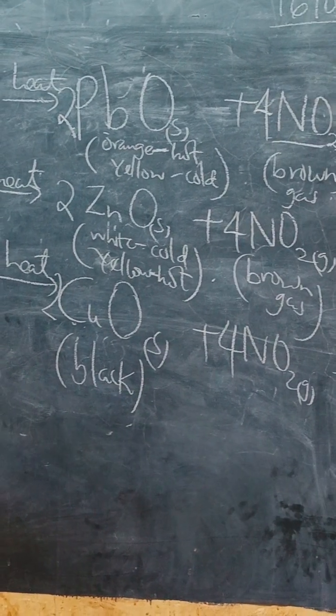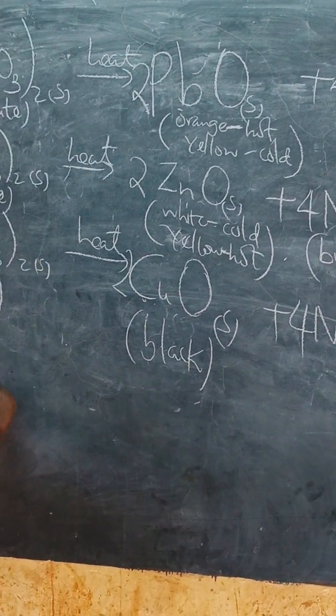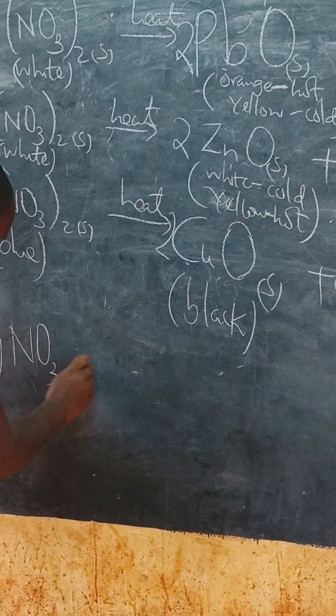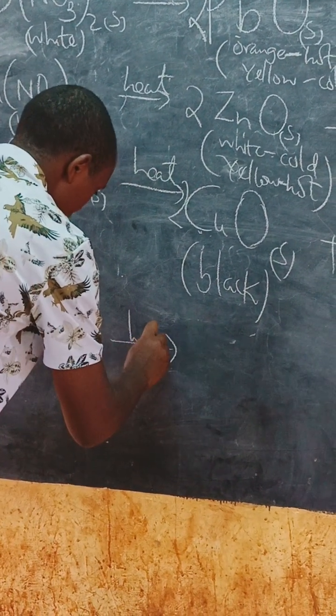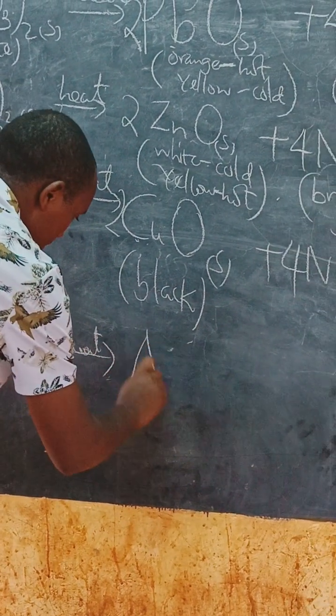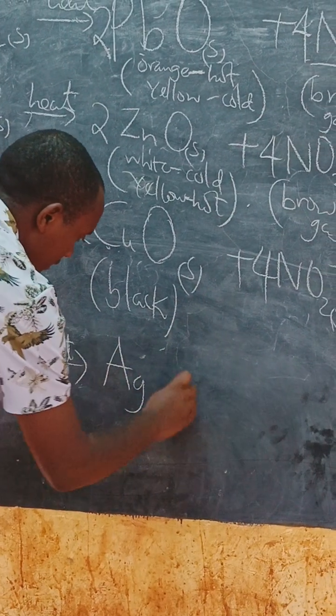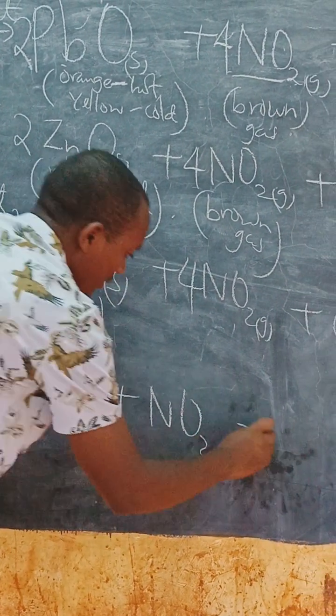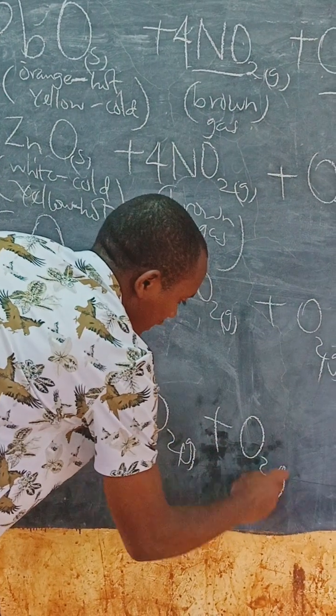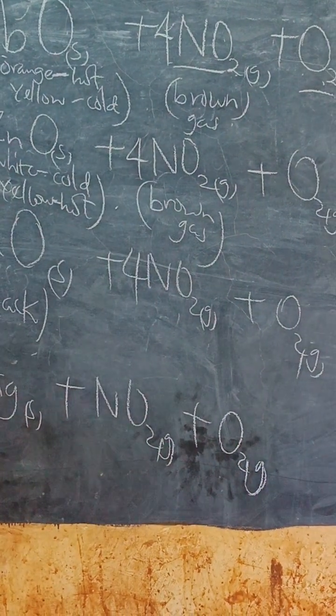Finally, I'll talk about silver nitrate, in the lower part of the reactivity series together with mercury. When you heat them, it's going to give you silver metal itself plus nitrogen dioxide plus oxygen. These are the 3 products.